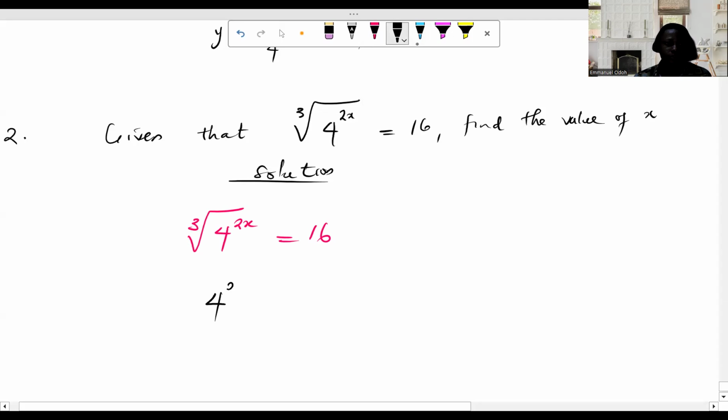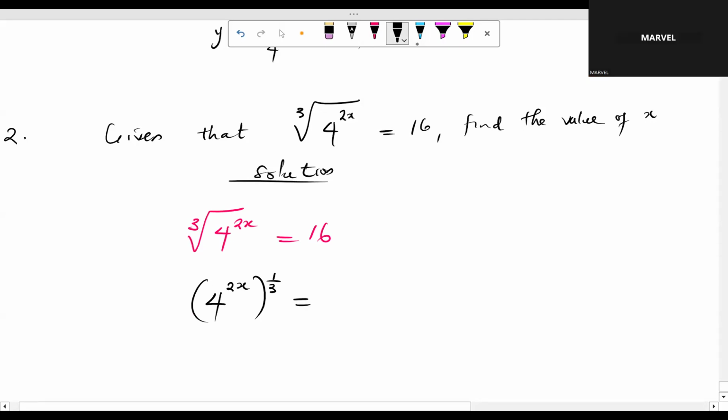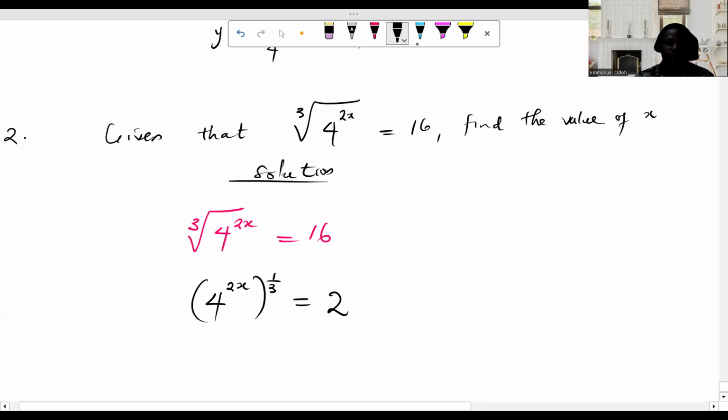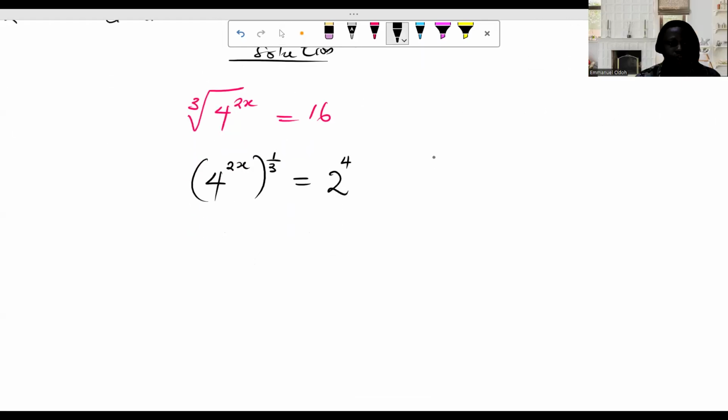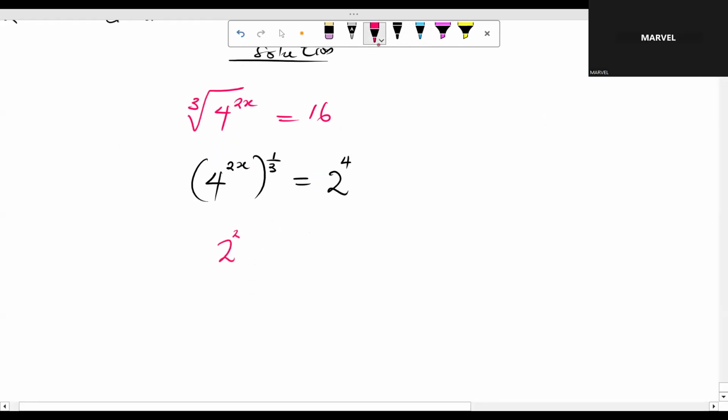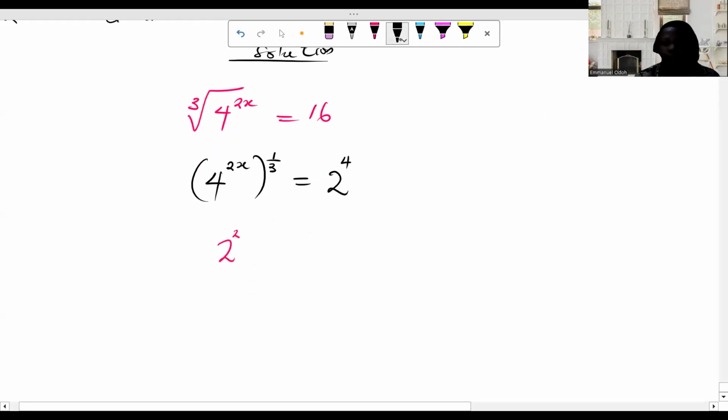So 4 to the power of 2x, to the power of 1 over 3. Then we express 16 to base 2, so that will be 2 to the power of 4. We can also do this: 4 is the same thing as 2 squared.